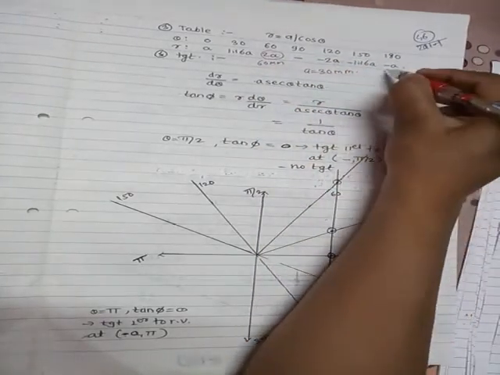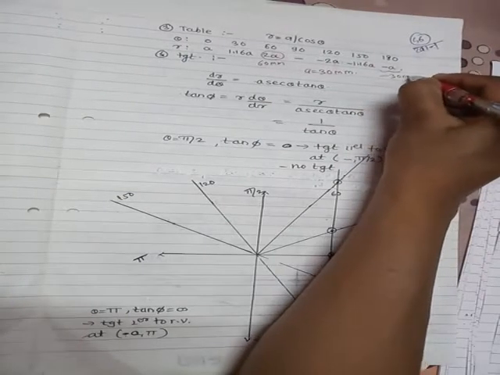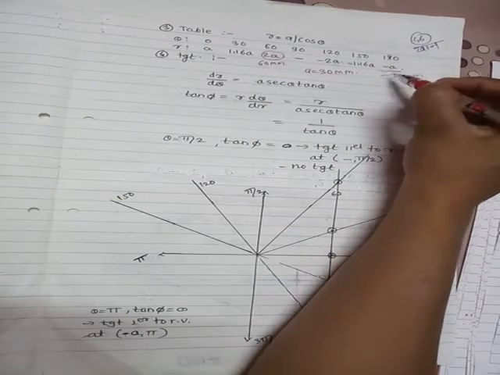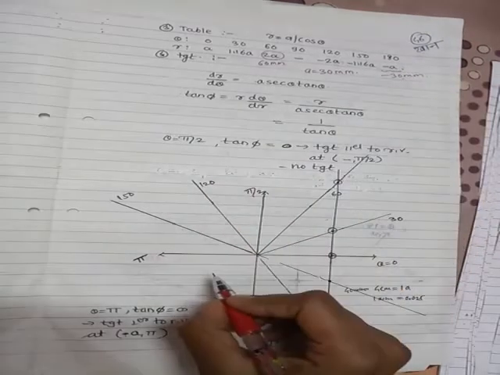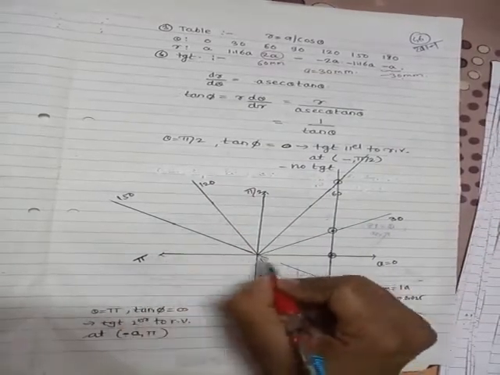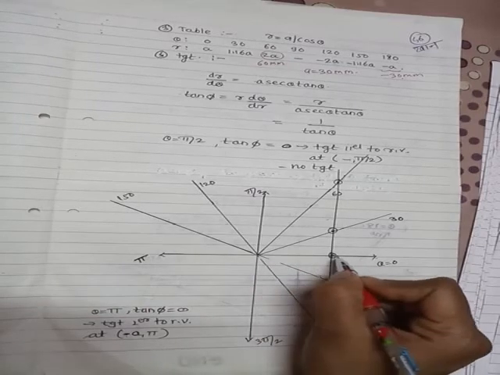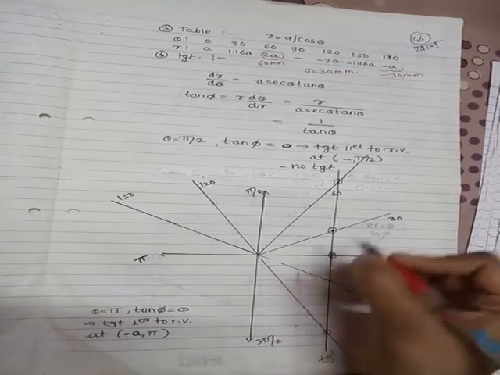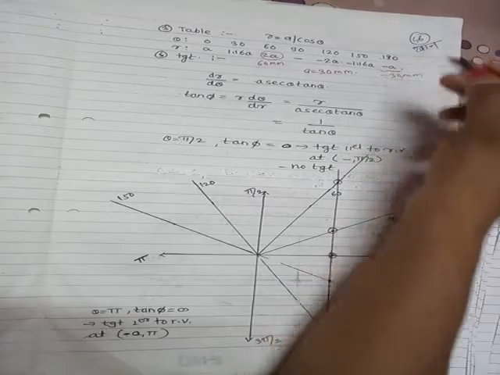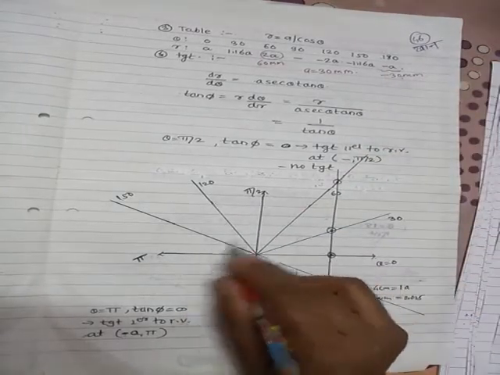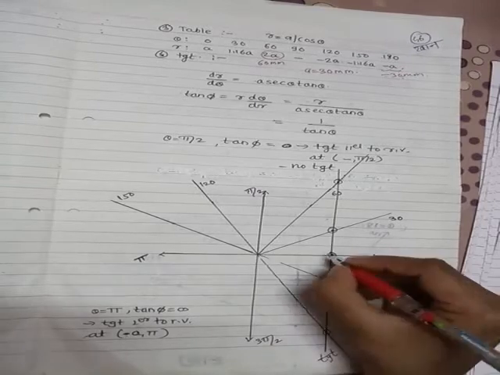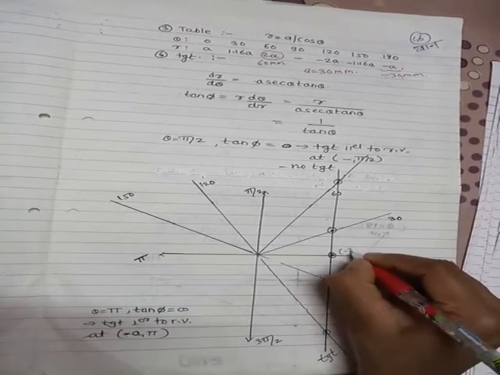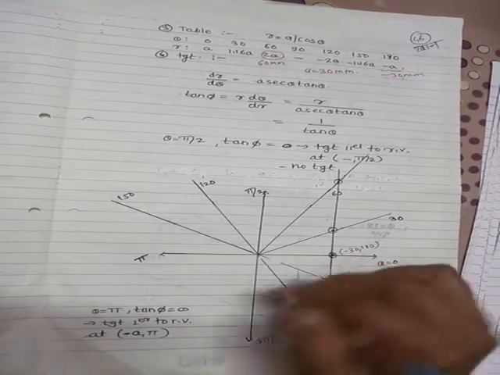And we get here minus 30 mm. That is on 180 we have to take minus 30, means negative distance. How to plot that point? That is opposite to that 180, that is on the positive x-axis, we have to take 30 mm. Minus 30 on 180 means 30 mm opposite to that 180 line. This is your point, the minus 30, 180 point.